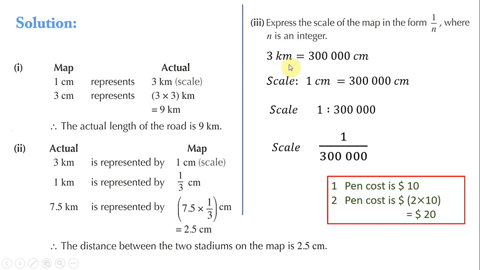So 3 kilometer will be equal to 300,000 centimeter. So our scale becomes 1 centimeter is equal to 300,000 centimeter. Now they are the same units, so it can be written in the form of a ratio. 1 ratio 300,000. In the fraction form, 1 over 300,000.